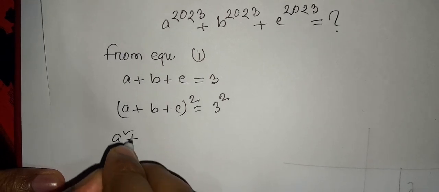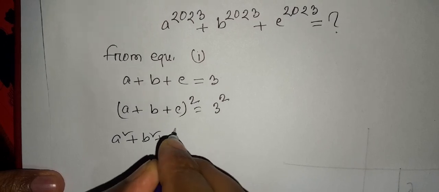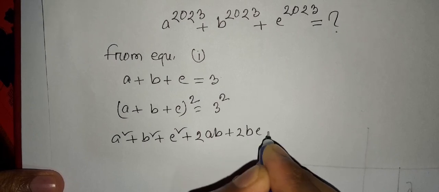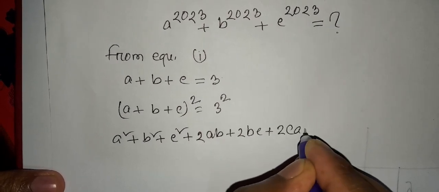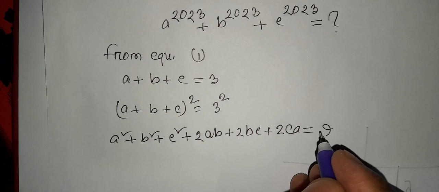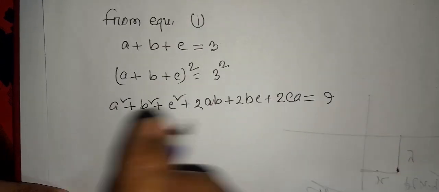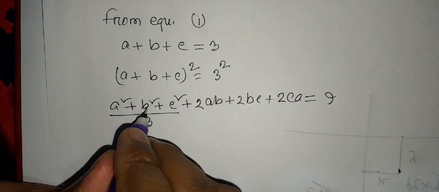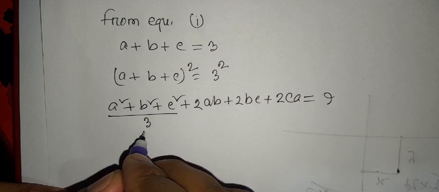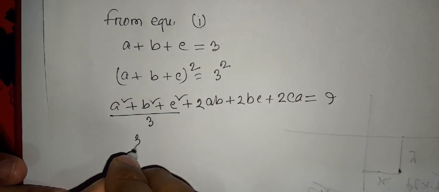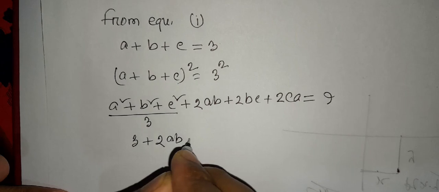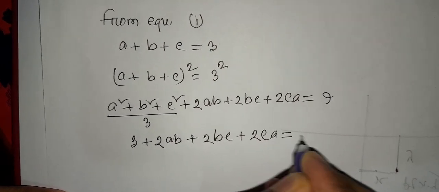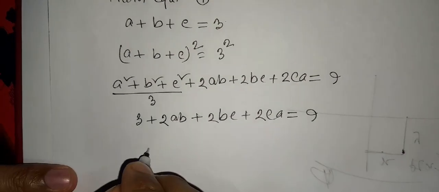Squaring, we get a square plus b square plus c square plus 2ab plus 2bc plus 2ca equal to 9. Here a square plus b square plus c square is equal to 3. So we get 3 plus 2ab plus 2bc plus 2ca is equal to 9.